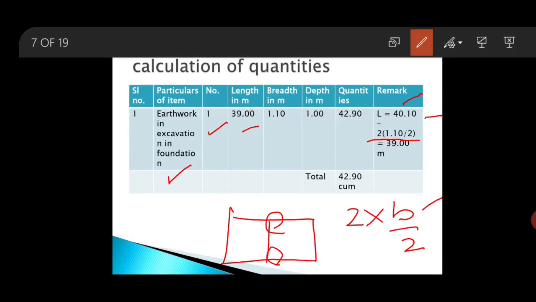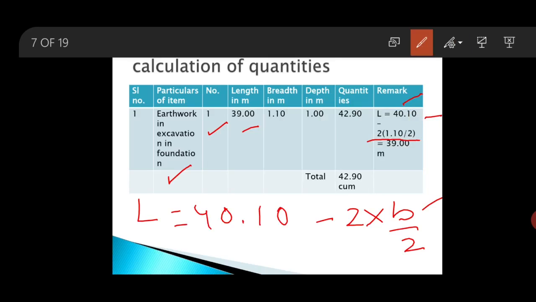Okay, see here. So we will find out the length as 40.10 minus 2 into B by 2. So 40.10 minus 2 into, here B is the width of the foundation, that is 1.10, divided by 2. So this will come out as 39 meter.